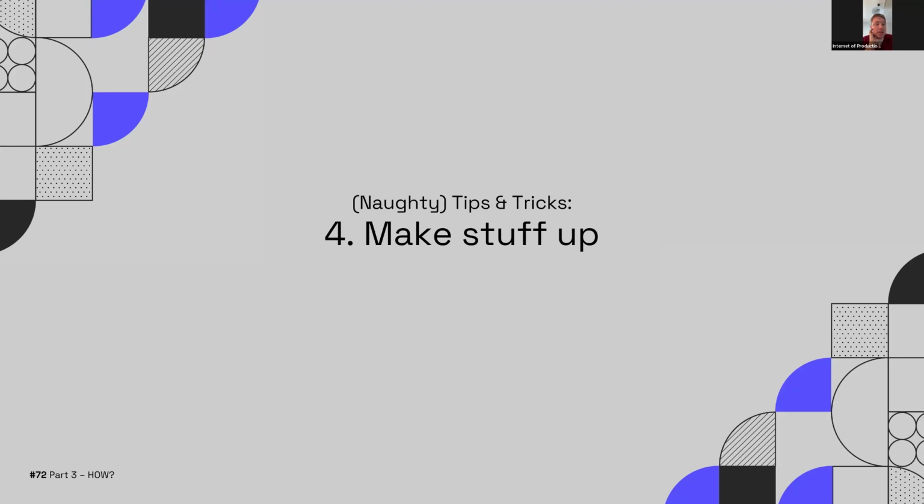I would potentially tell you that this is very naughty, and you might do this in 1% of your work, but you might need to make something up. And it might be something that is about to happen, because it hasn't happened yet, but by the time they're reading this, it will have happened.